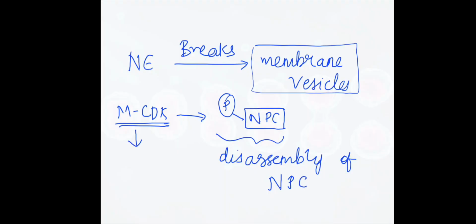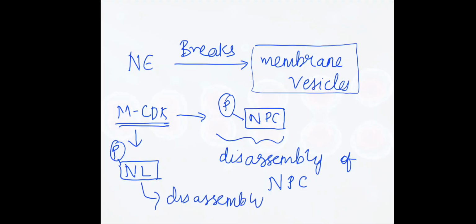mCDK also phosphorylates the components of the nuclear lamina, which is the structural framework that lies beneath the envelope. This phosphorylation of lamina components and other proteins leads to disassembly of the nuclear lamina.